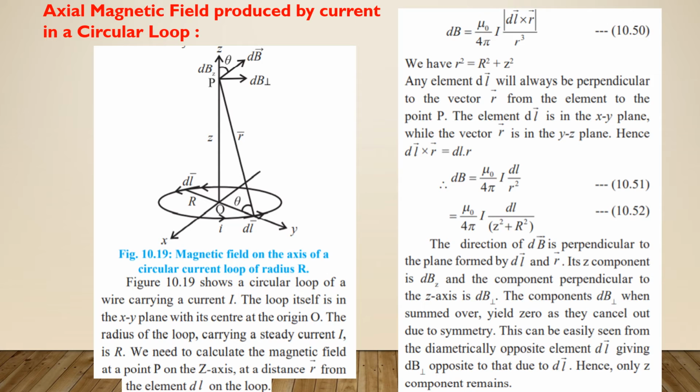Hence, by the symmetry of the figure, all the components of dB bar perpendicular to z-axis cancel out each other. Only the components which are along z-axis remain.